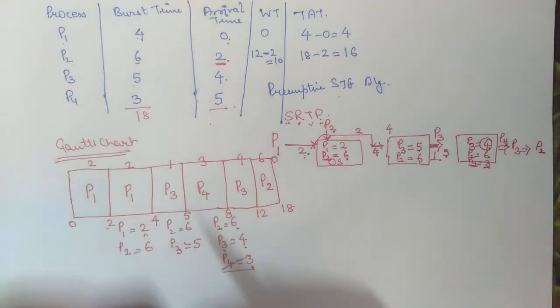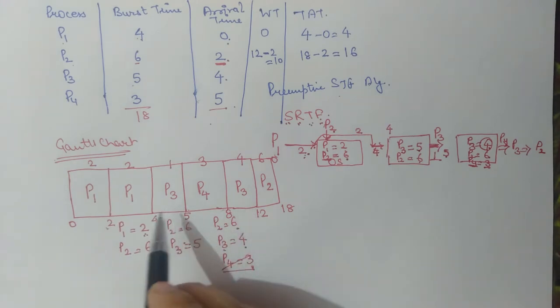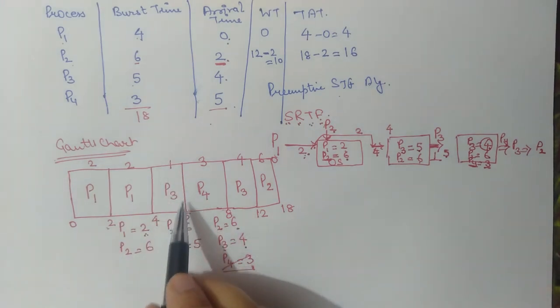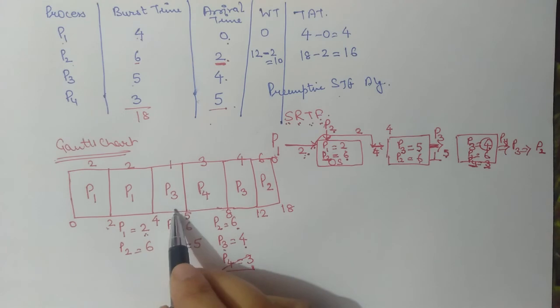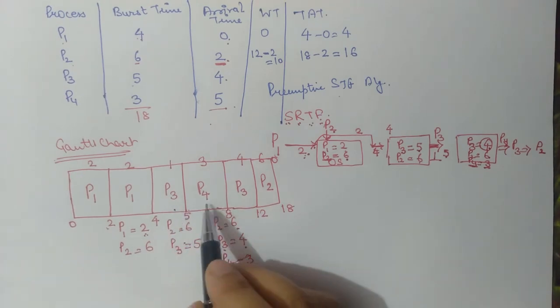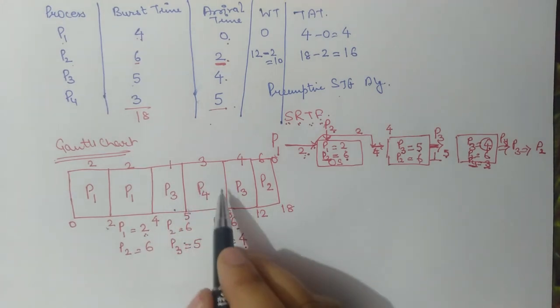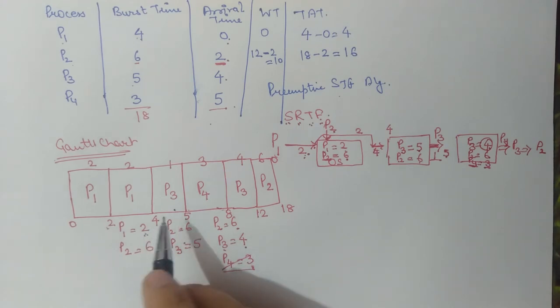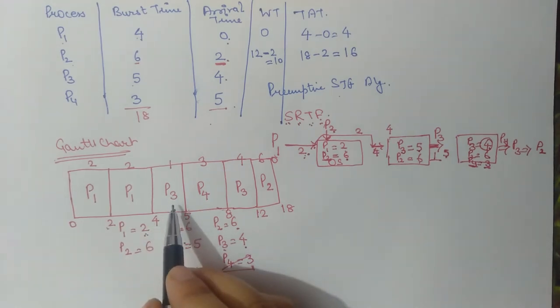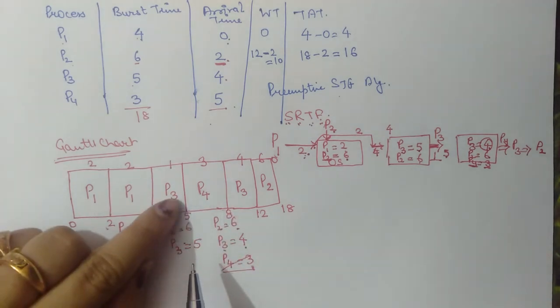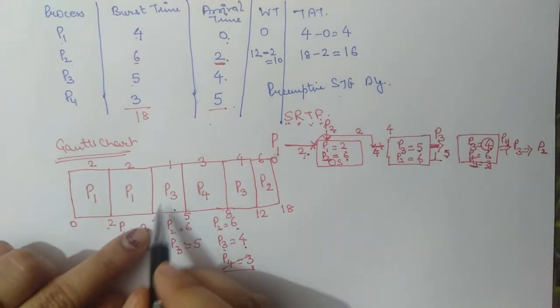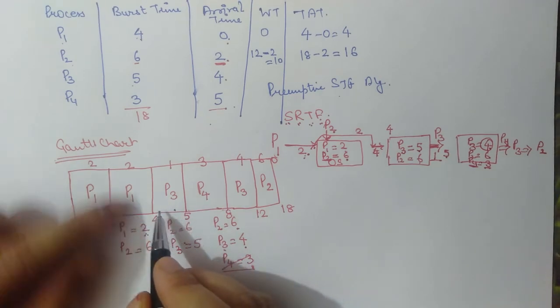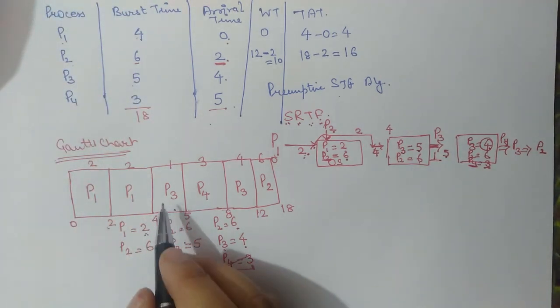Now see process number 3. Now there is a breakage. While running P3, when 1 millisecond of P3 is completed, the CPU is allocated to process number 4. So there is a certain twist. Now see how we can calculate the waiting time of process number 3. First of all, see this bar.